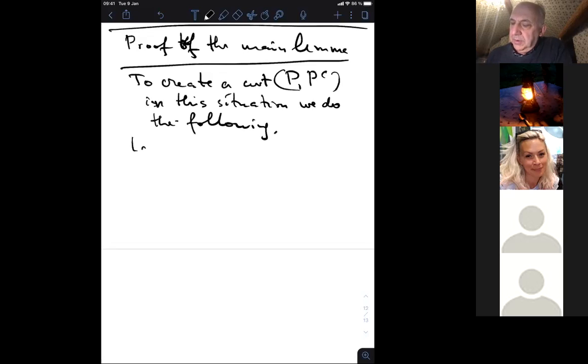Look at all chains starting at the source.